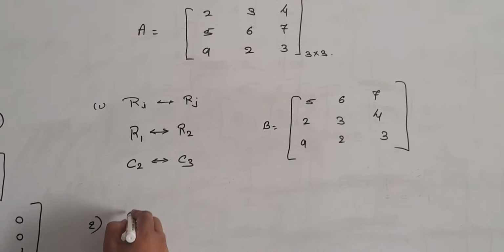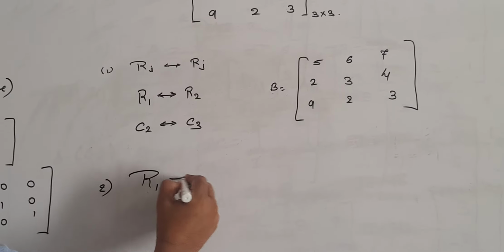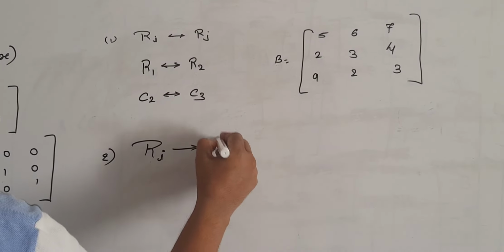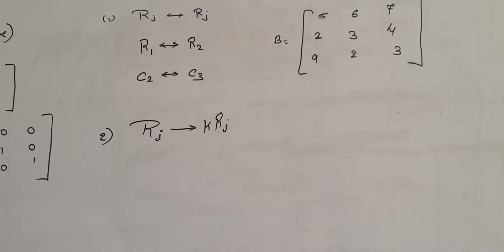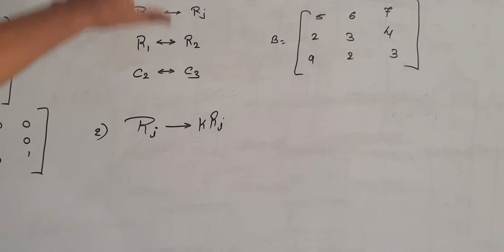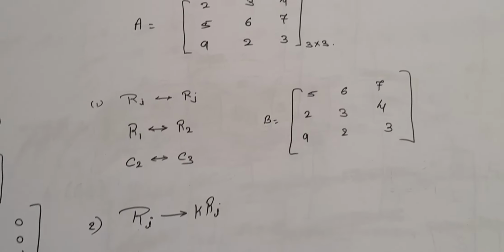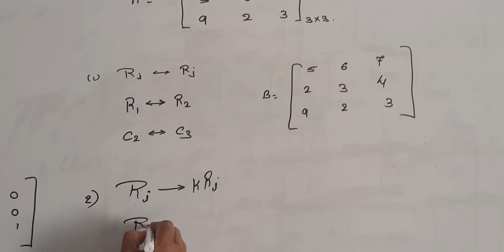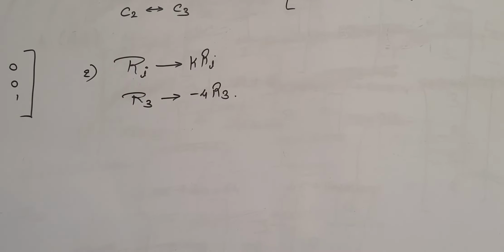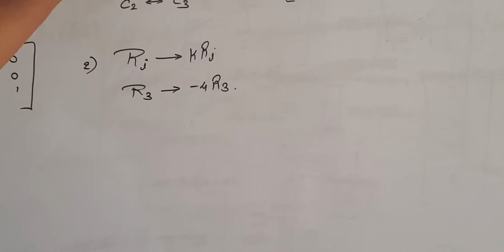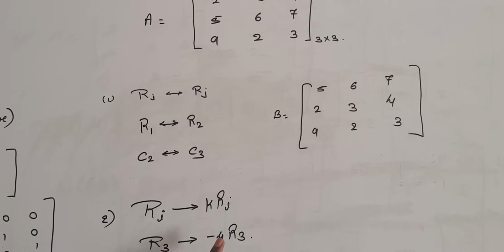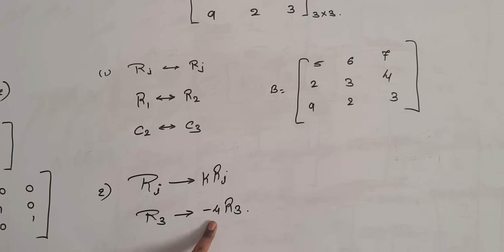The second symbol is like this: Ri to k Ri in generalized form, meaning multiply k to the elements of the ith row. For this matrix A, I use the symbol R3 to minus 4 R3. It means in matrix A, the third row we multiply with minus 4.